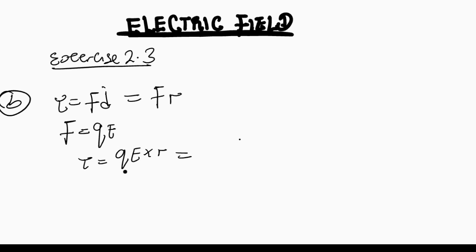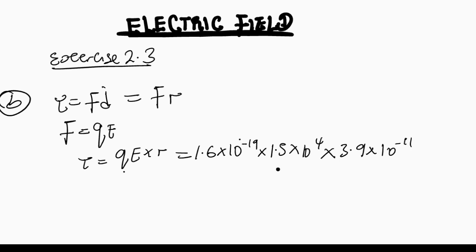So our Q here is the charge of an electron, 1.6 times 10 raised to power minus 19, times the electric field given to us, 1.5 times 10 raised to power 4, and the distance is what we calculated, that's 3.9 times 10 raised to power minus 11. So when you press your calculator, what should you have?